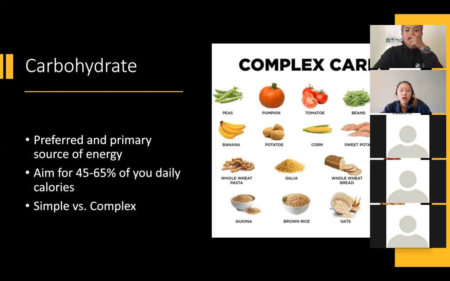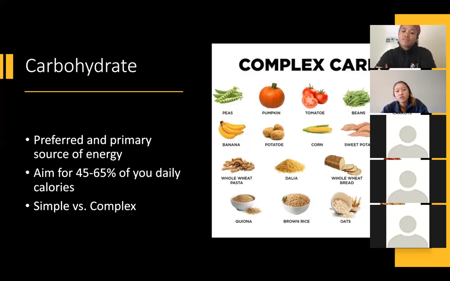Simple carbs tend to be more processed and they're quickly absorbed into the bloodstream. So they spike your insulin and they'll cause imbalances in your blood sugar, which tends to make you crave more things a lot sooner, whereas complex carbs are less processed and they're higher in fiber, so they take longer to digest over time, balancing out your blood sugar levels.